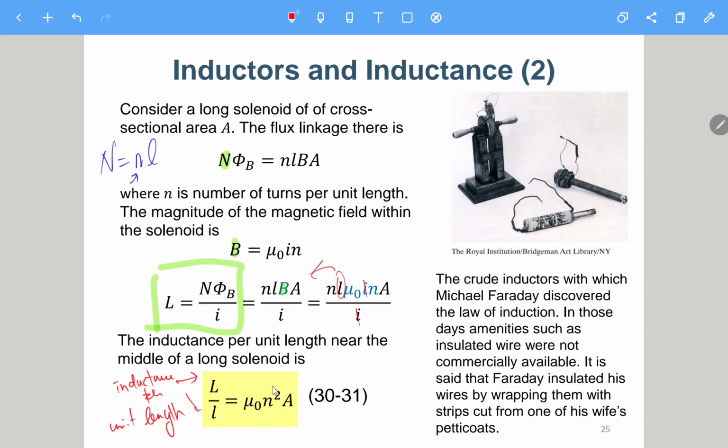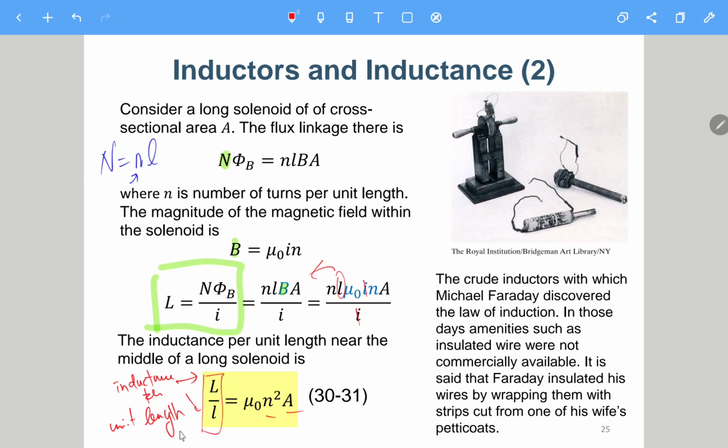And then n is the number of turns per unit length, so this is squared, and then A is the cross section area. Which means that if we would like to increase the inductance, one thing is to make it longer.